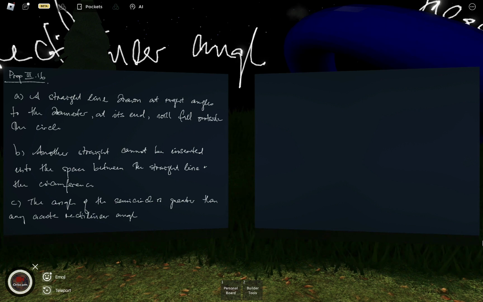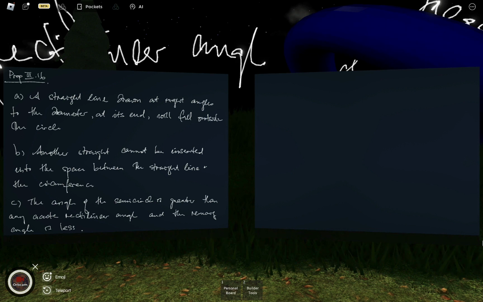Right, I guess that's a complete sentence. It's greater than any acute wherever that may be. And the remaining angle is less. Okay, so apologies for the cryptic statement. We're going to get to what that actually means later on.